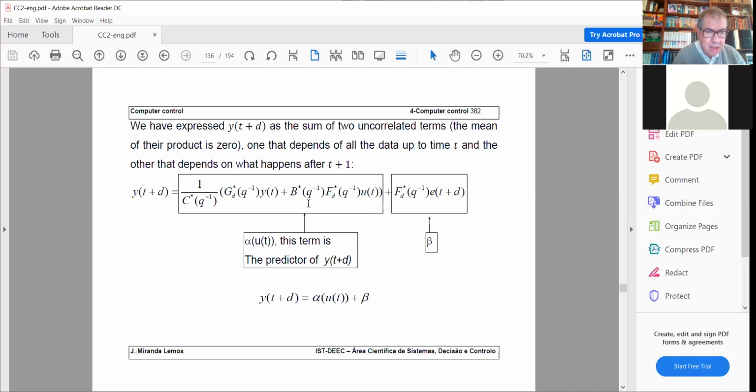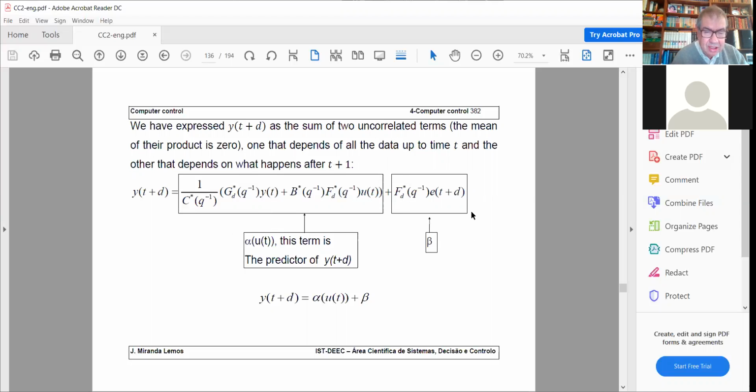This term depends on variables up to time t and also on u t, which is the control value that you want to compute. I call the first one alpha, and I write alpha of u t because it depends on u t.